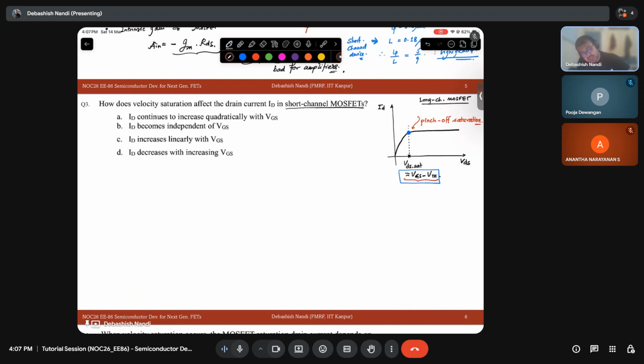Let me give you a scenario. Let's say this is ID versus VDS of a velocity saturated short channel device.